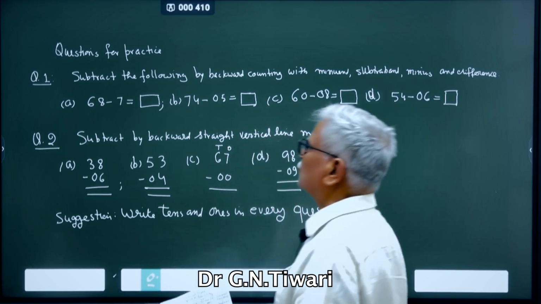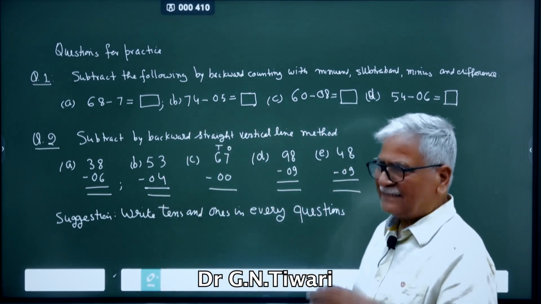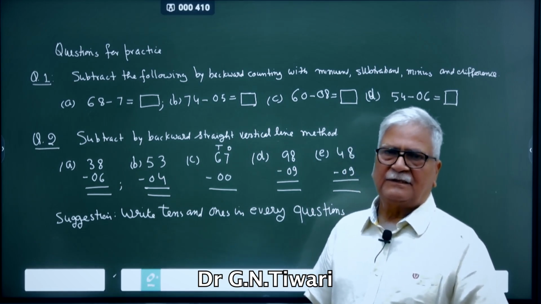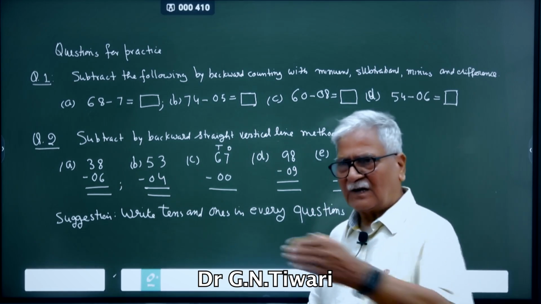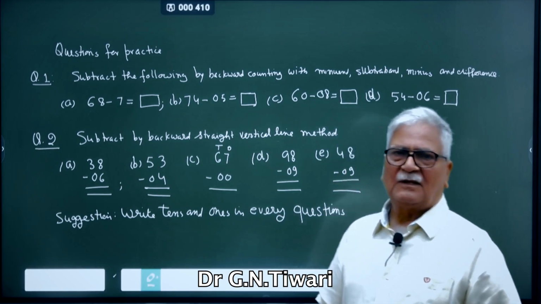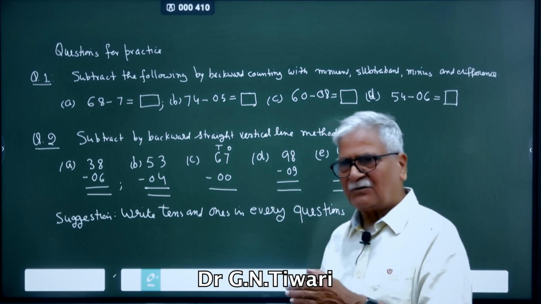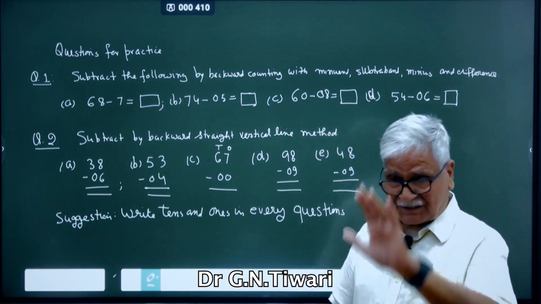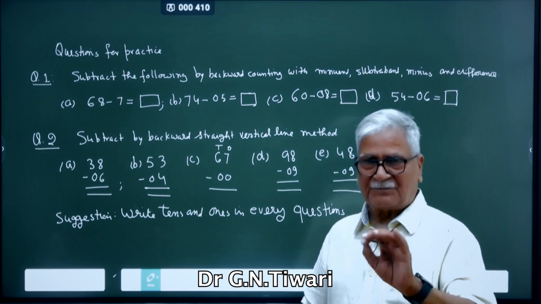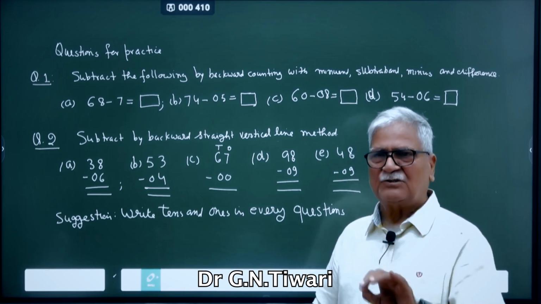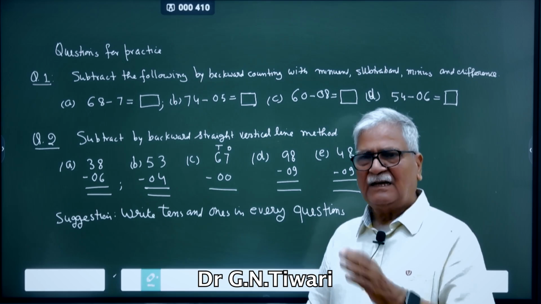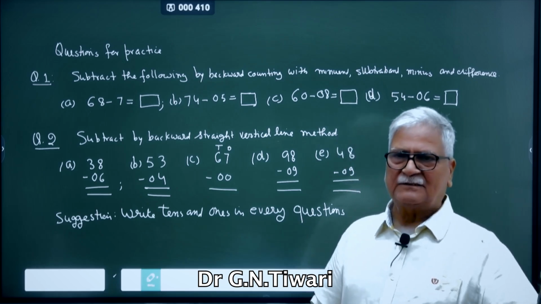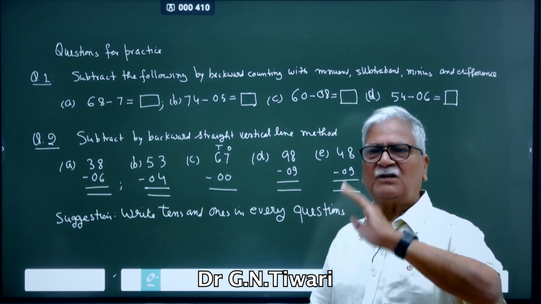So these two methods are just similar to addition, by using the square, forward counting, and by using the straight vertical line, forward counting. Similarly, the subtraction methods, the first and second, use the square and straight line in backward counting, just opposite to the plus.